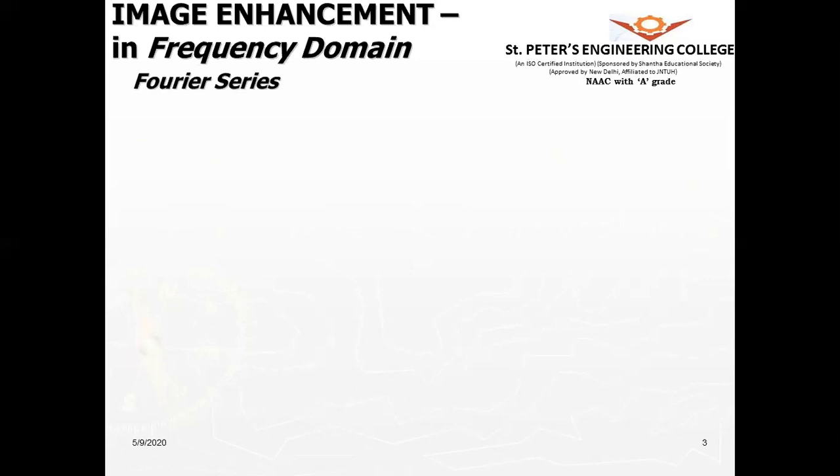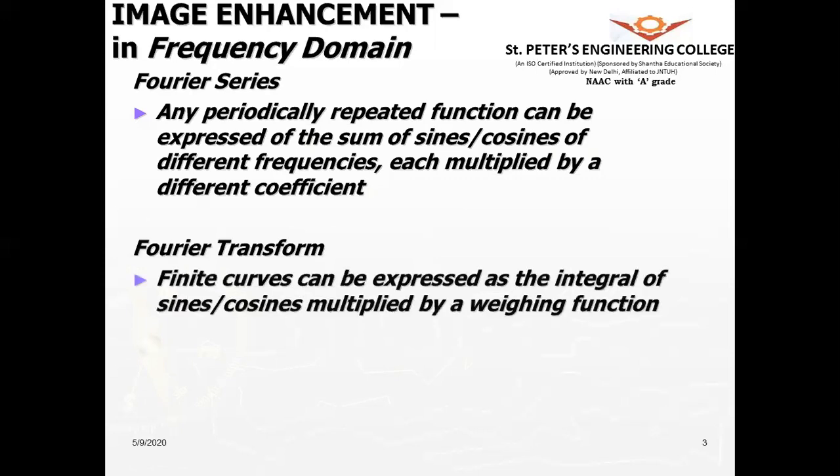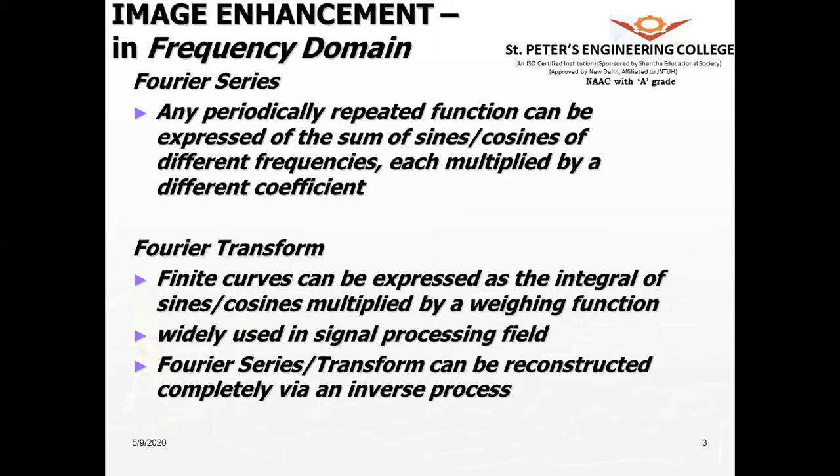From the Fourier series, we know that any periodic signal can be expressed as a sum of sine and cosine of different frequencies. Similarly, any non-periodic signal can also be expressed in terms of sine and cosine by a weighing function. And the Fourier transform is widely used in signal processing because both the Fourier series and transform have an inverse process.